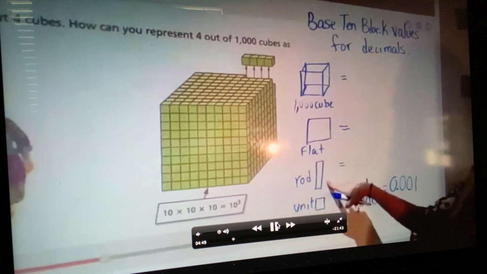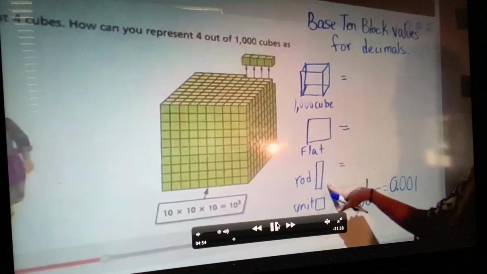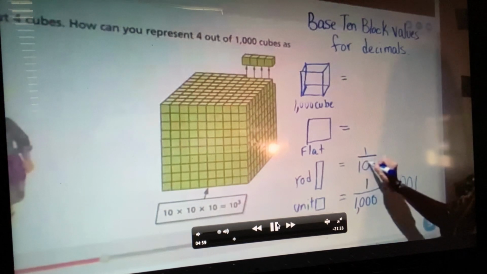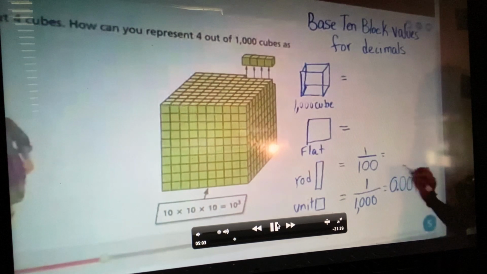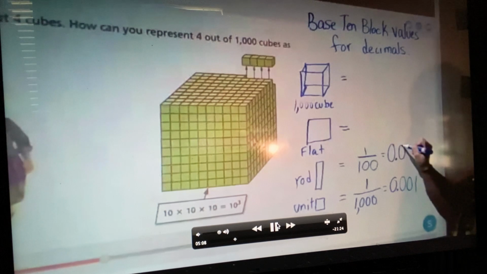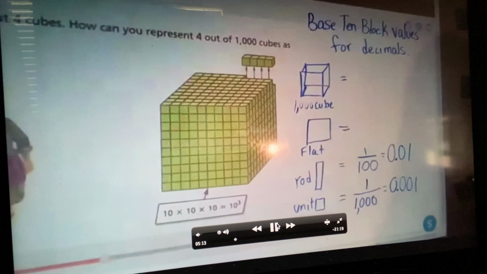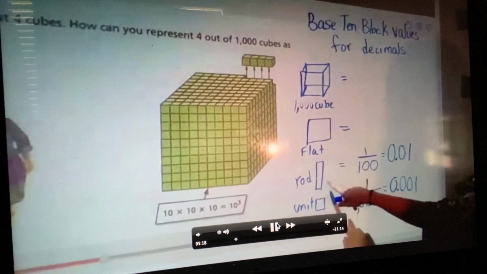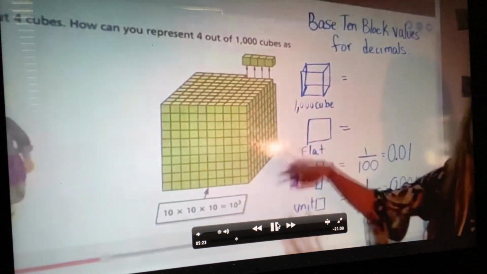Your rod that used to equal 10 in 5th grade is now going to equal 1/100th. And the way you would write that as a fraction is going to be 0 ones, 0 tenths, and 1 hundredth. That means it would take 100 of these to make this 1 cube.